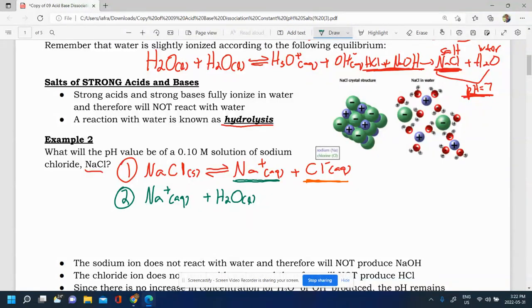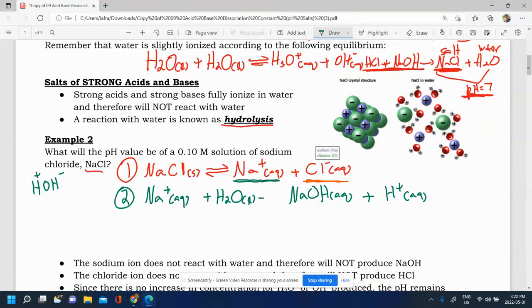Remember, water is HOH with the plus being the H and the OH being the negative. So we would see if this actually did happen, NaOH plus what's left over, well, the H plus aq. So the positive ion would be connected to the OH, and then the H plus would be left alone.